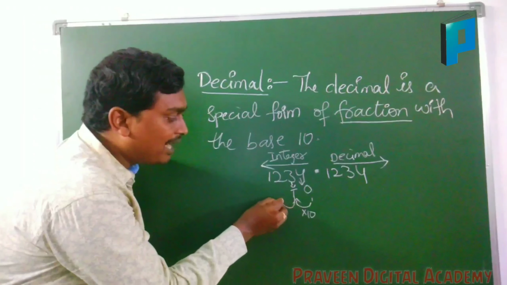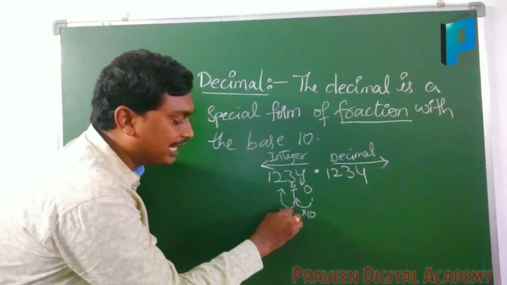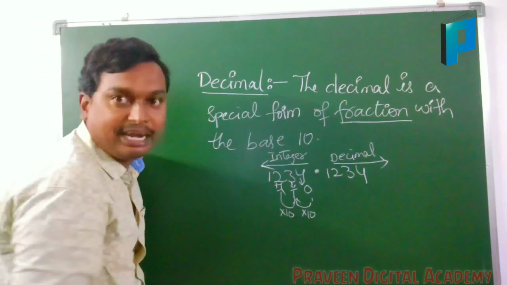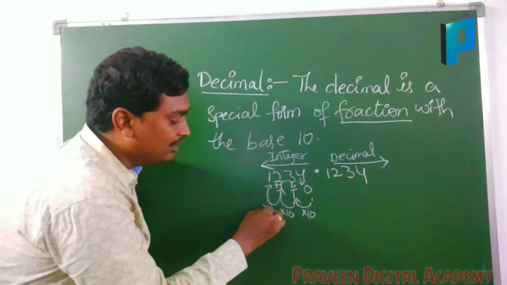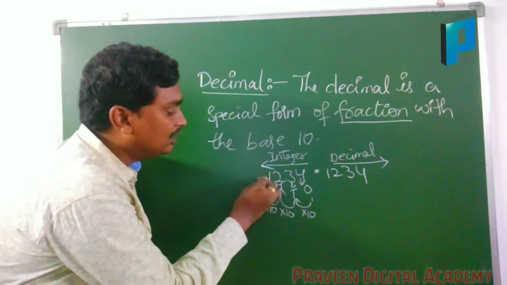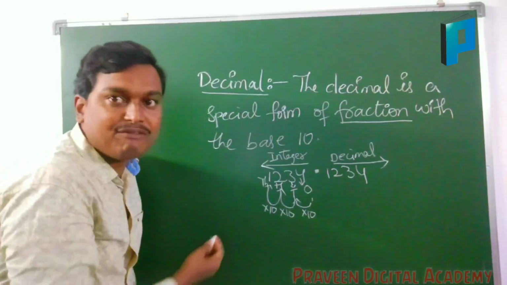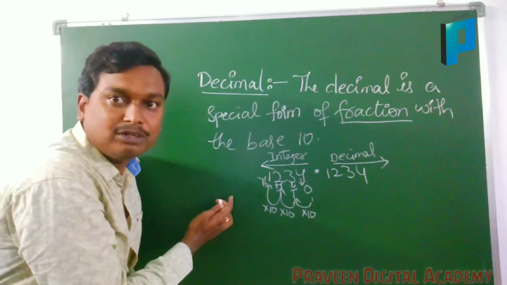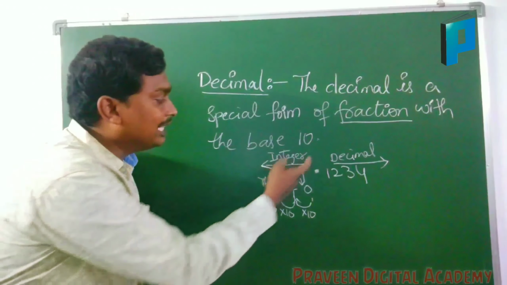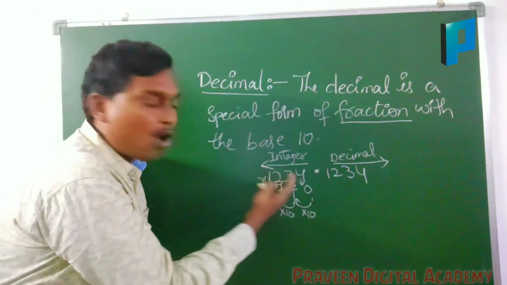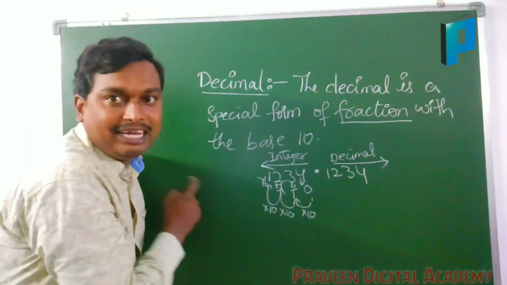If you multiply the tens position with 10, we get hundreds. If you multiply 100 with 10, you will get the thousands position. In the same way, multiplying thousands with 10 gives the 10,000s position. Like that, the integer part is always multiplied by 10.